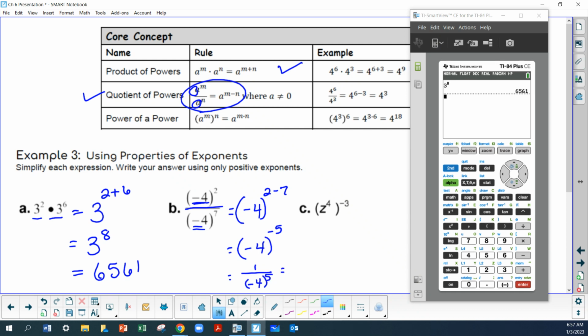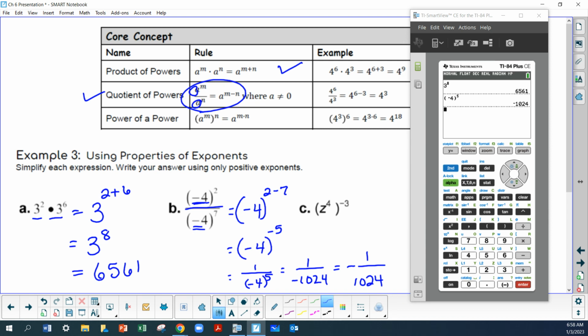And now I'm going to use parentheses, put -4, so that my negative gets raised to the 5th as well. That's why I have it in the parentheses. Put it in there, and I get 1 over -1024. And then rather than having the negative in the denominator, I'm going to put it out front, but it could go anywhere.